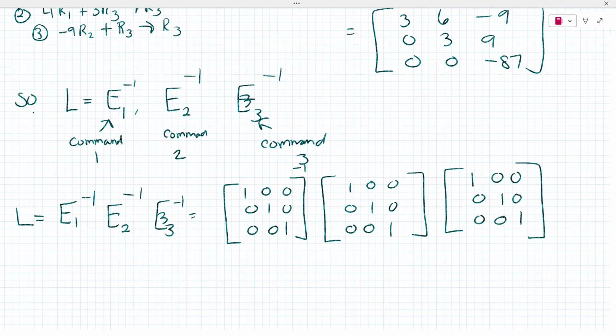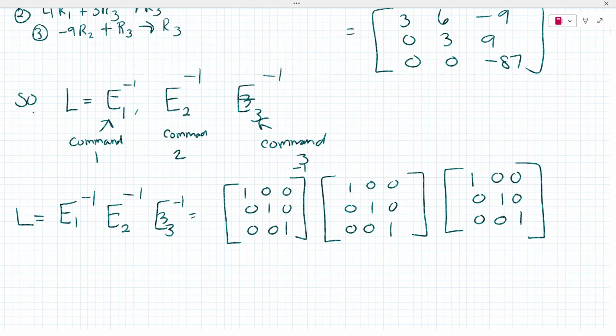Okay, so remember what was command 1. If you recall, command 1 was -2 times row 1 plus 3 times row 2 gives us your new row 2. So you're going to mess with row 2.